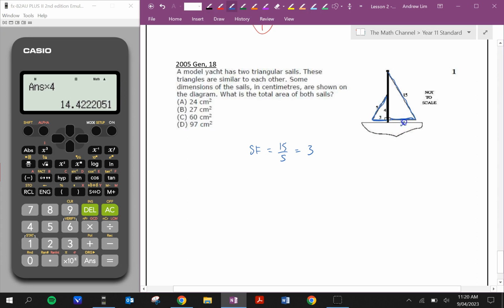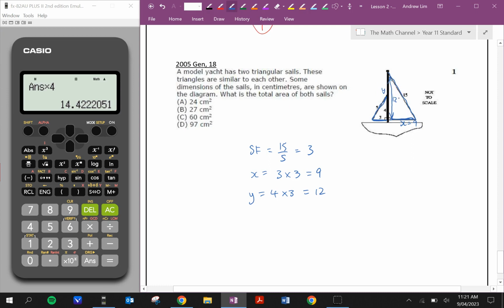So if we call this one x and we call this one y, y being this entire length here, well, x is equal to the smaller corresponding side multiplied by the scale factor. Y is equal to the smaller corresponding side multiplied by the scale factor. So we know this is 9. We know this is 12.